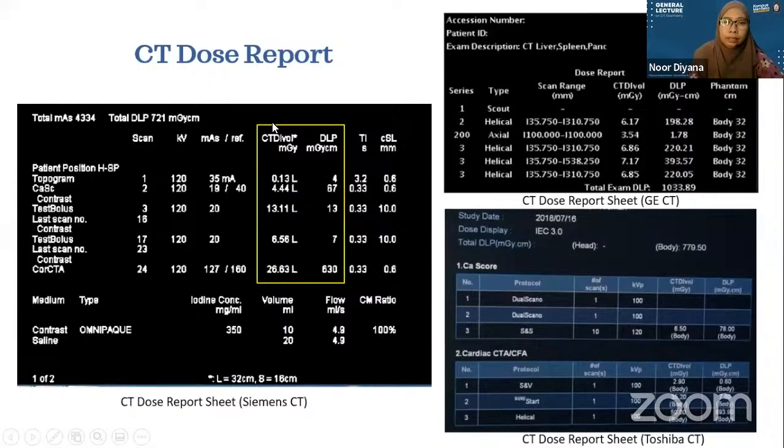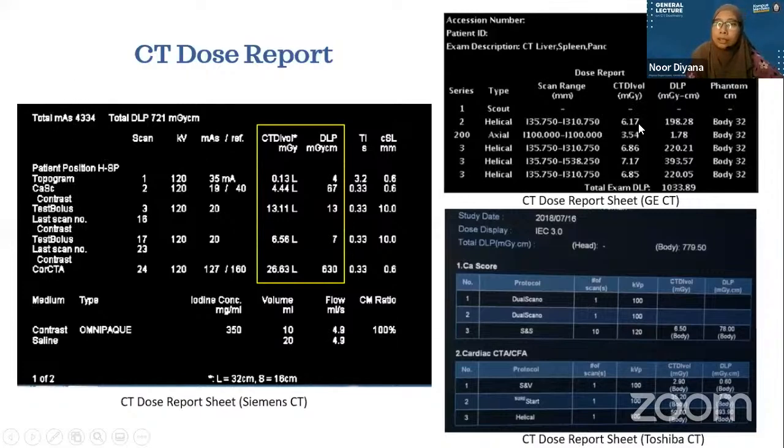It is the CTDI volume for each series performed, and then it also gives a DLP for each series, and then the total DLP for that examination. And then it also gives you the total mAs.